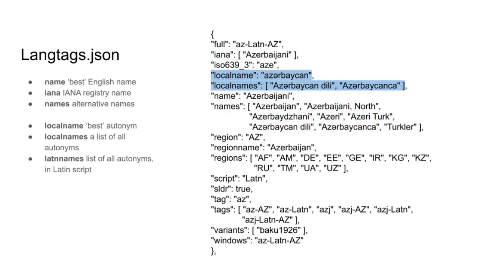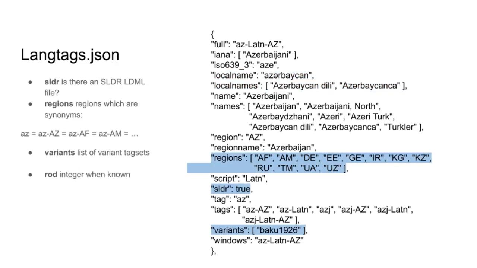Then there's local names. So here we have what are called the autonym, the name of the language in the language, that's a local name, and a list of other autonyms, other names within the language for it. And then there's a few extra little bits and bobs. There's a list of regions. So what this says is that any of these regions are also equivalent.